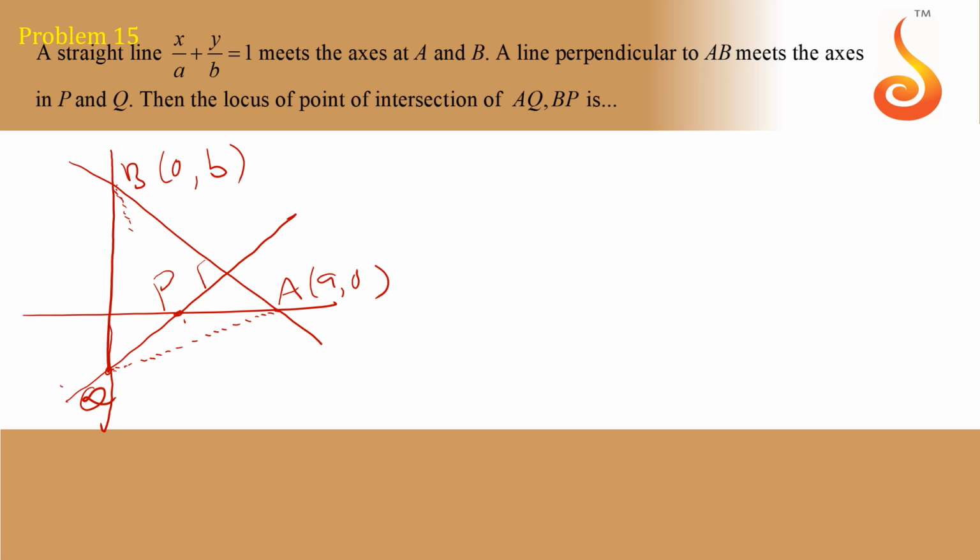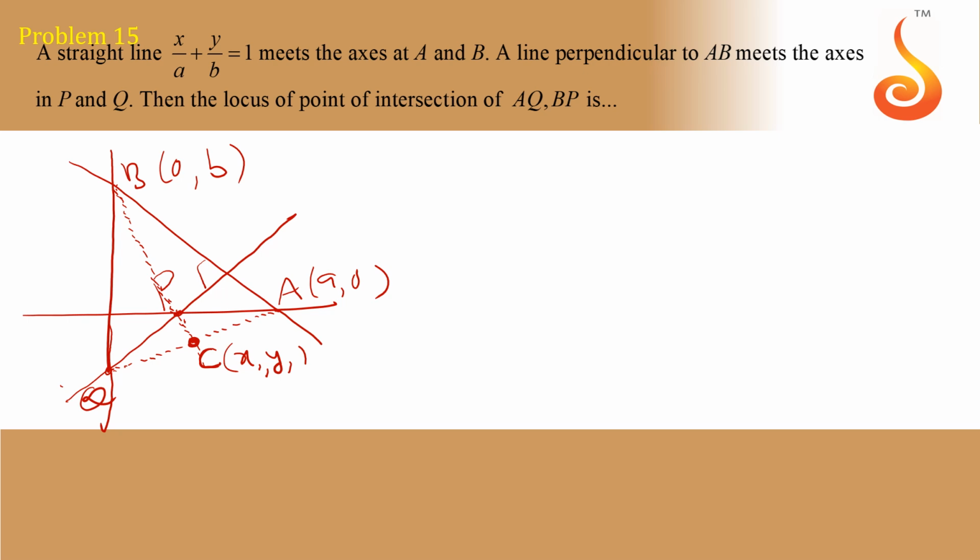So BP, if you draw, there is a point of intersection. Extend to cut. So this is the point. Assume C (x1, y1), for which we want the locus.